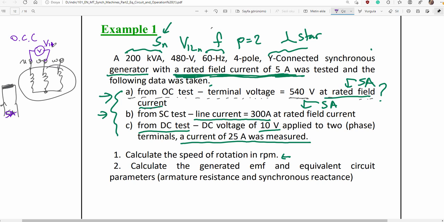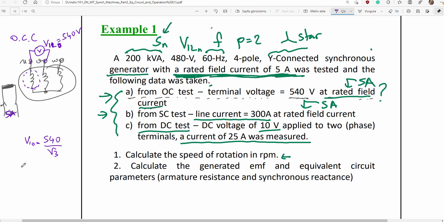We want line-to-line voltage, and no load, meaning no load. It is 540 volts. Ladies and gentlemen, what is the voltage on one phase? One phase no load voltage is equal to 540 over root 3.